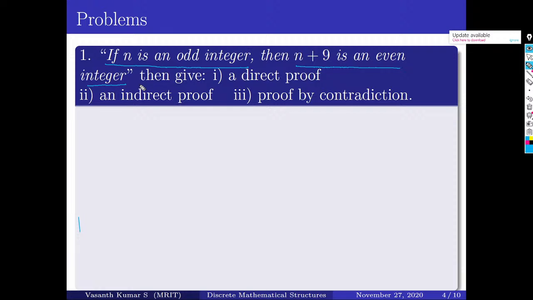So here they have given a conditional statement, an if-then statement. Then give a direct proof, an indirect proof, and also a proof by contradiction.